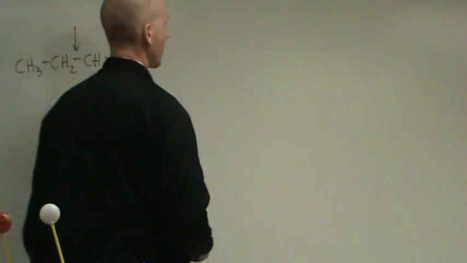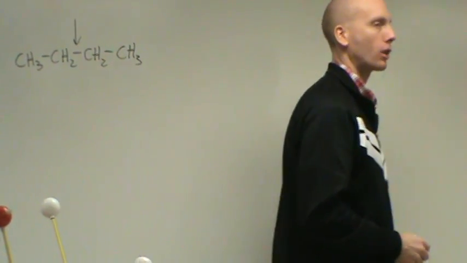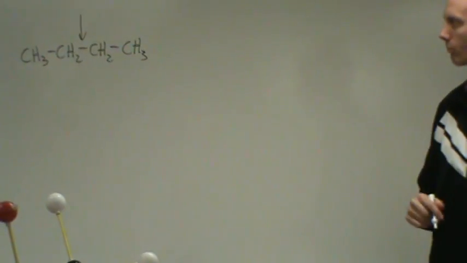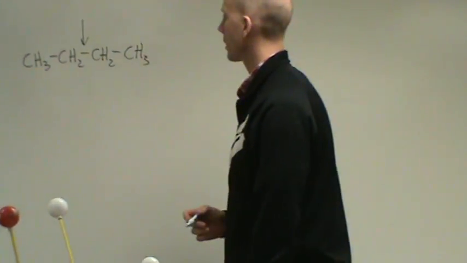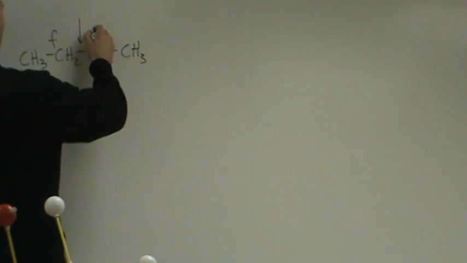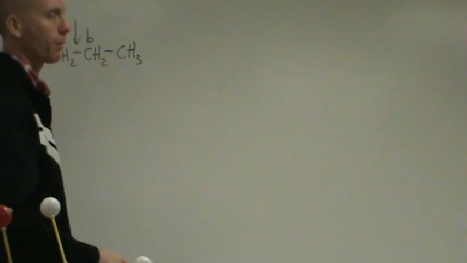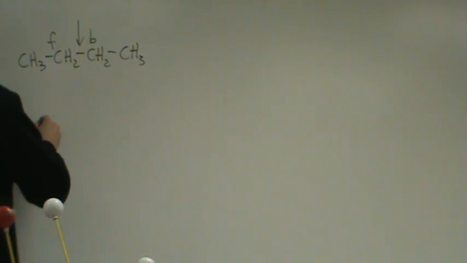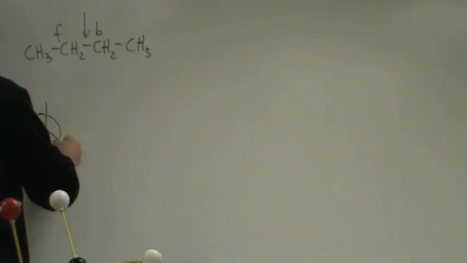Let's go ahead and choose that carbon-carbon bond. So if I choose that carbon-carbon bond, I can make this carbon here the front, and that one there the back carbon.